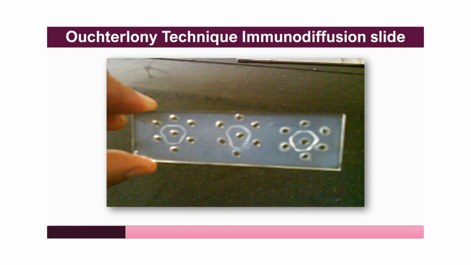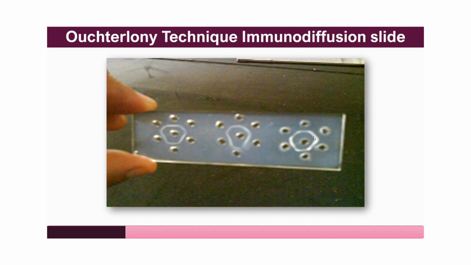That clearly indicates that even though these antigens are positive against the antibody, these test samples have low concentration of antigen corresponding to that antibody compared to the antigens here on the extreme right hand side, which is showing a bright thick precipitin band.